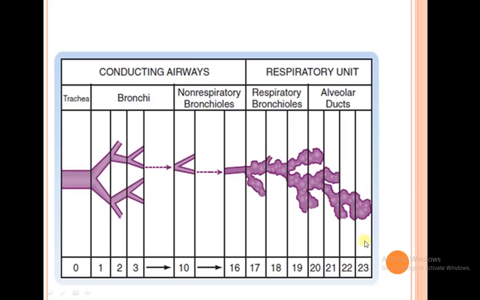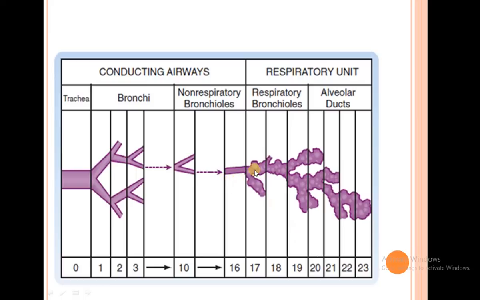So a total of 23 divisions are there from trachea till the stage of alveoli. Again I am repeating, 16 divisions are till the stage of the terminal bronchioles, and from the respiratory bronchioles to the alveolar sacs are 7 more divisions.